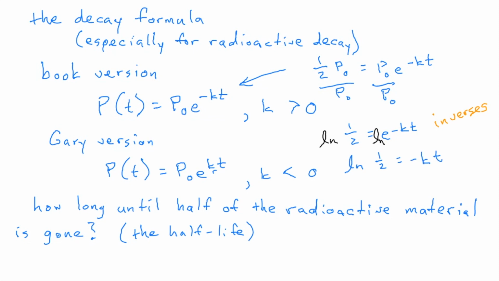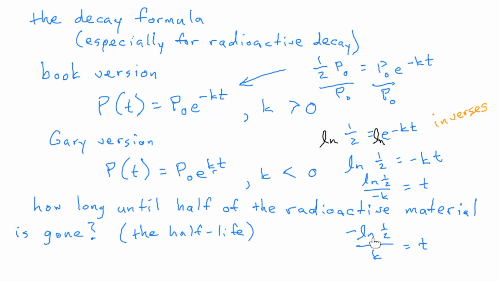Earlier I said, pro tip thing to notice is that if the thing you are taking the logarithm of is less than 1, it's a negative value. Well, the natural logarithm of 1/2 is a negative value. I'm going to divide it by negative k. That's kind of awful, isn't it? I think that's awful. How about if I do it this way? Is that better? Well, it's still ugly. We have a law of logs, right?